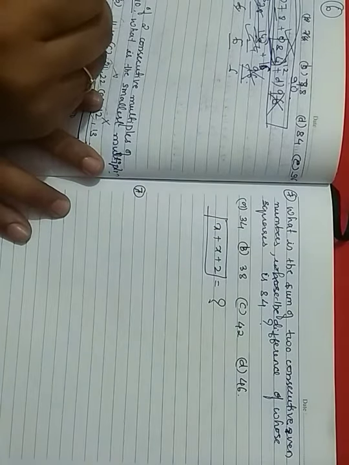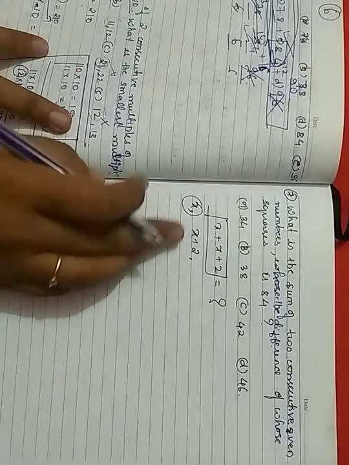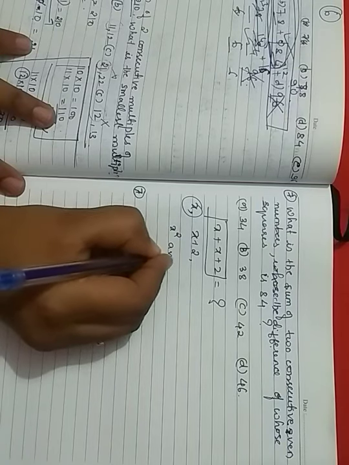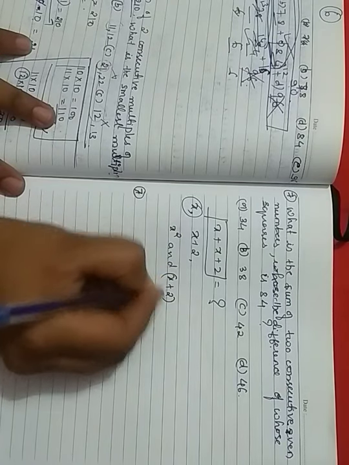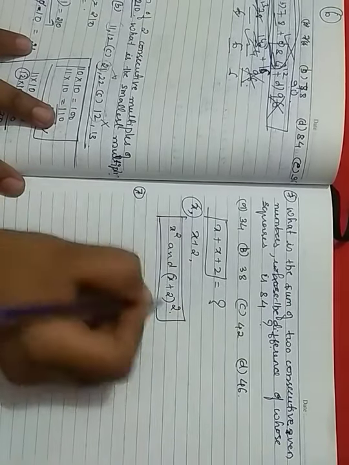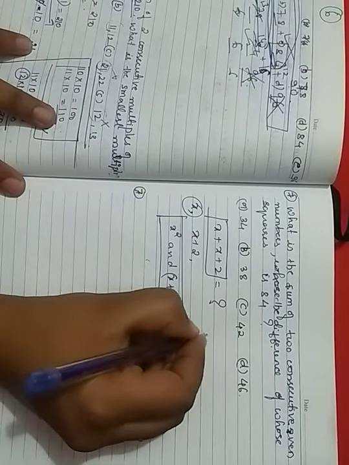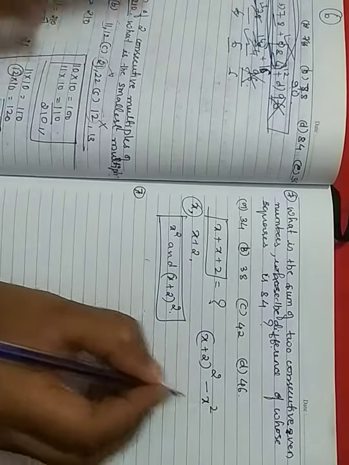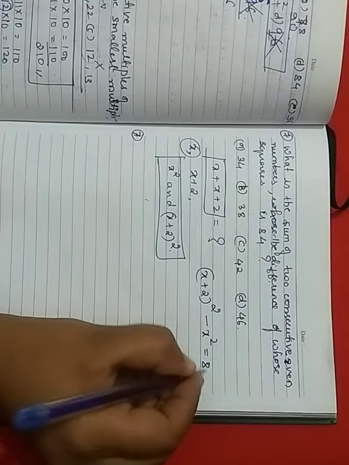So x is the first number, x plus 2 is the second number. Obviously x plus 2 is greater than x, and the difference of the squares, (x plus 2) whole square minus x square, is 84.